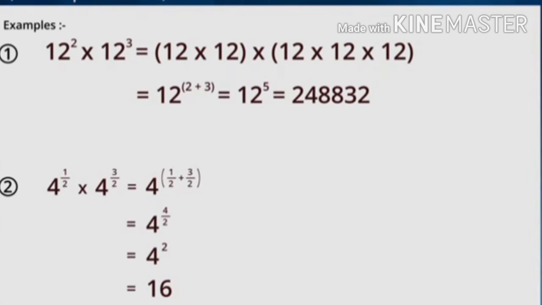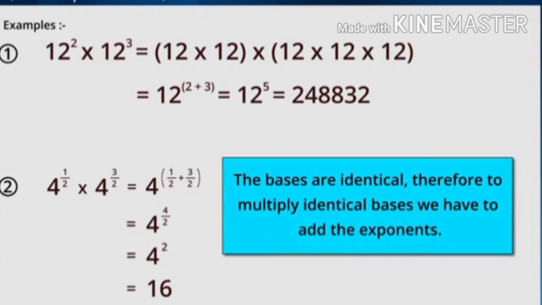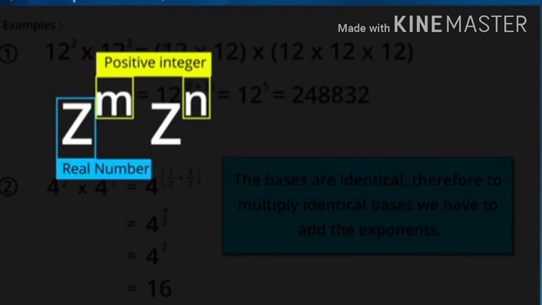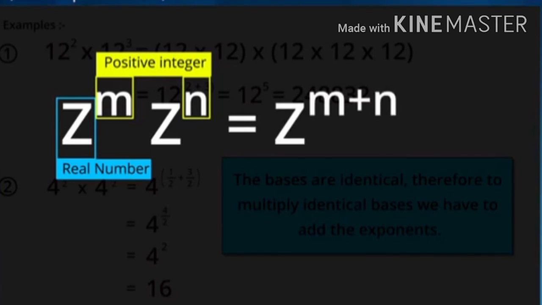Here, we can see that the bases are identical. Therefore, to multiply identical bases, we have to add the exponents. That is, for z raised to the power m into z raised to the power n, we'll have to multiply z for m plus n times.